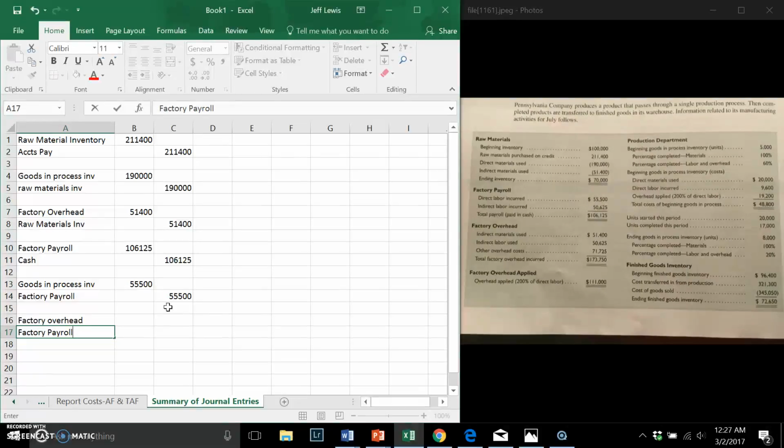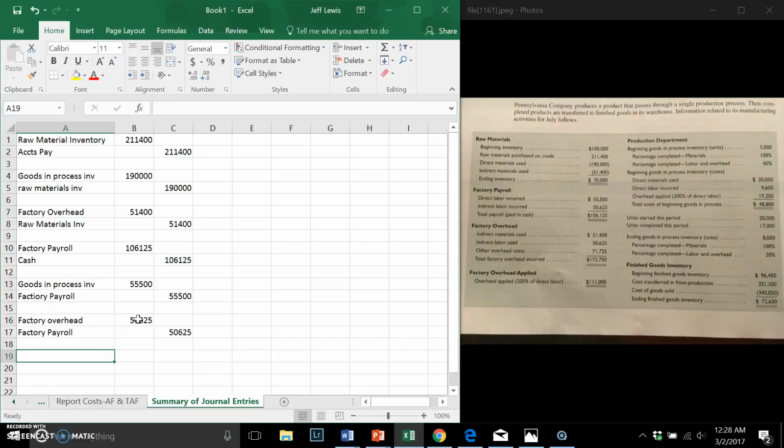Remember, indirect labor is part of factory overhead. So that's why you write factory overhead, not indirect labor. There's no account for indirect labor. It's all put into factory overhead. Okay, so 5,625.